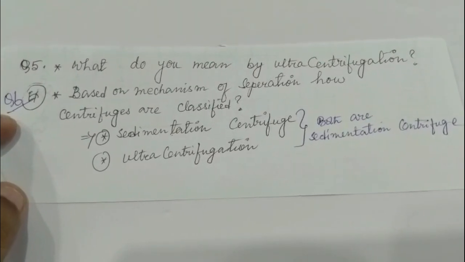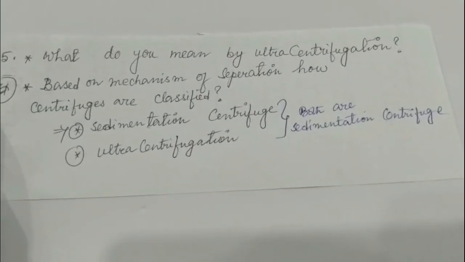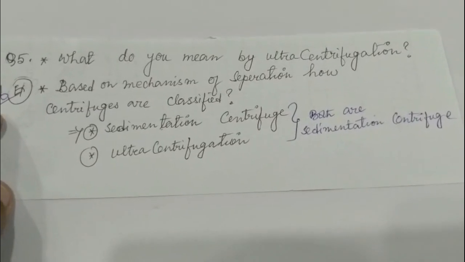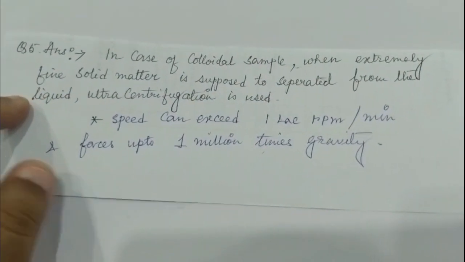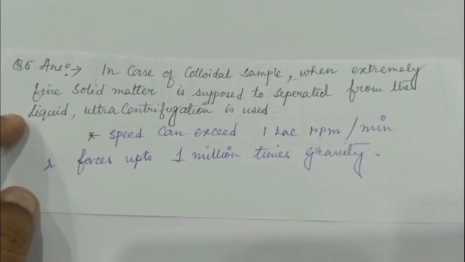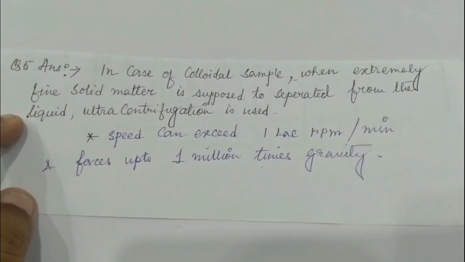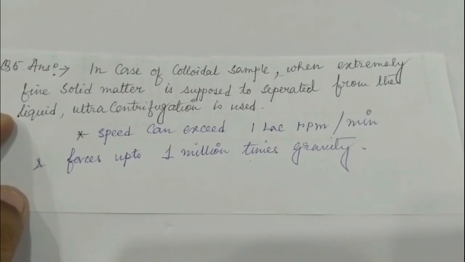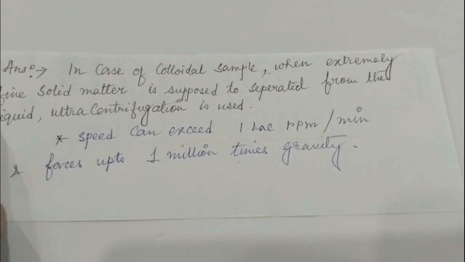As per the mechanism of separation, centrifuges are of two types, that is sedimentation centrifuge and filtration centrifuge. And ultracentrifugation means in case of a colloidal sample, when extremely fine solid matter is supposed to be separated from the liquid, ultracentrifugation is used. So speed can exceed 1 lakh rpm and forces up to 1 million times gravity.